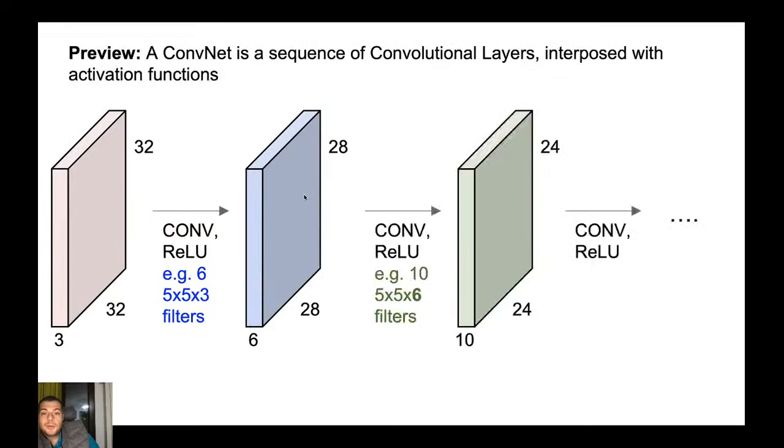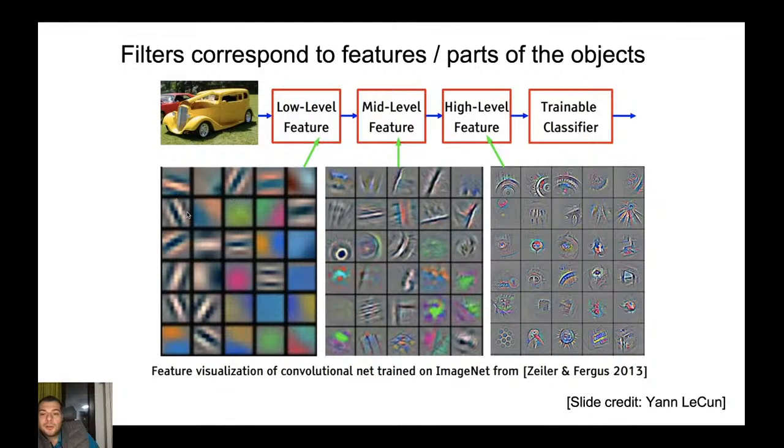So what is shown here is not filters that are handcrafted into the architecture. These are learned from data. So we just need to define the structure. So I need a layer with, let's say, 6 filters with 5x5 spatial support, and then the filters are automatically learned from data.